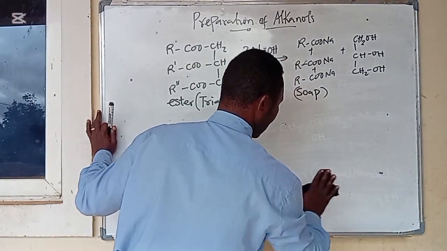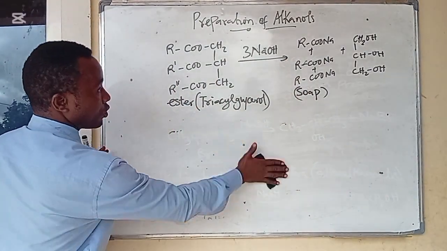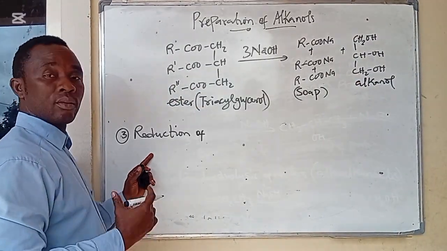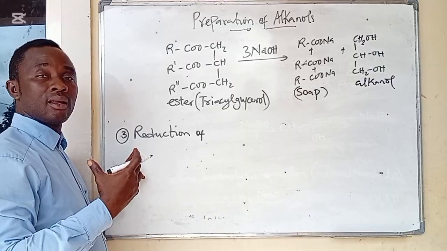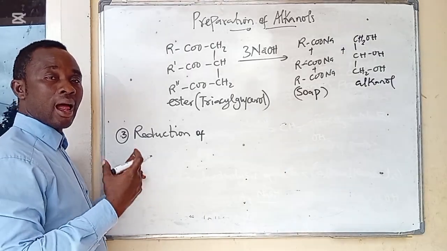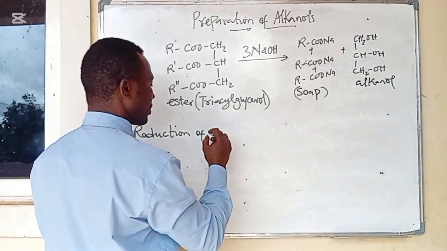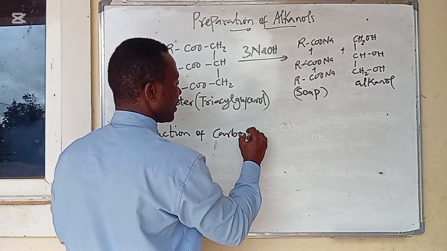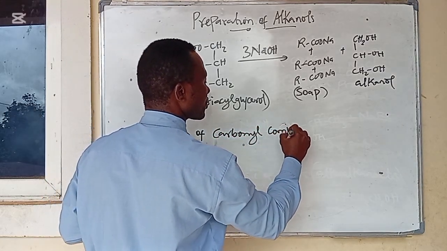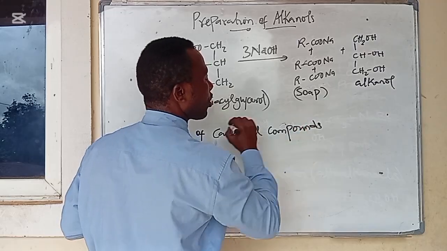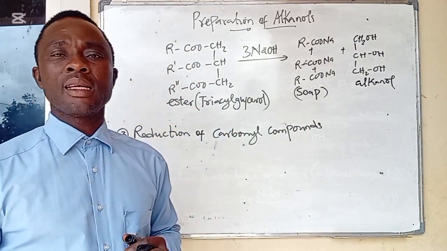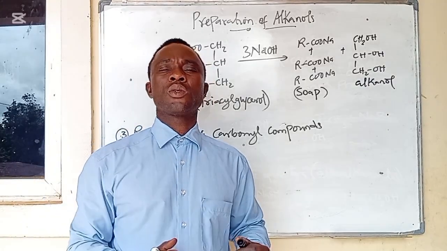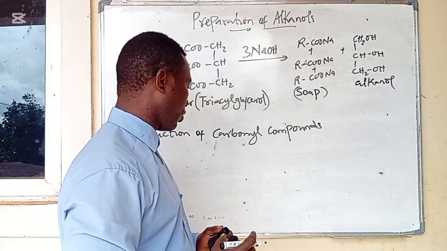Now, what is another way by which we can prepare alkanol? Number 3 is by reduction of carbonyl compounds. Carbonyl compounds are either alkanals or alkanones, of course, you can call them aldehydes and ketones.